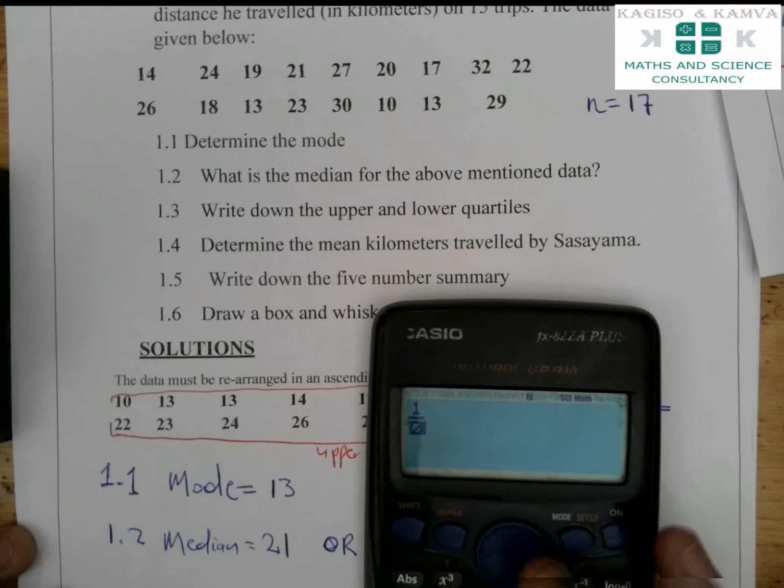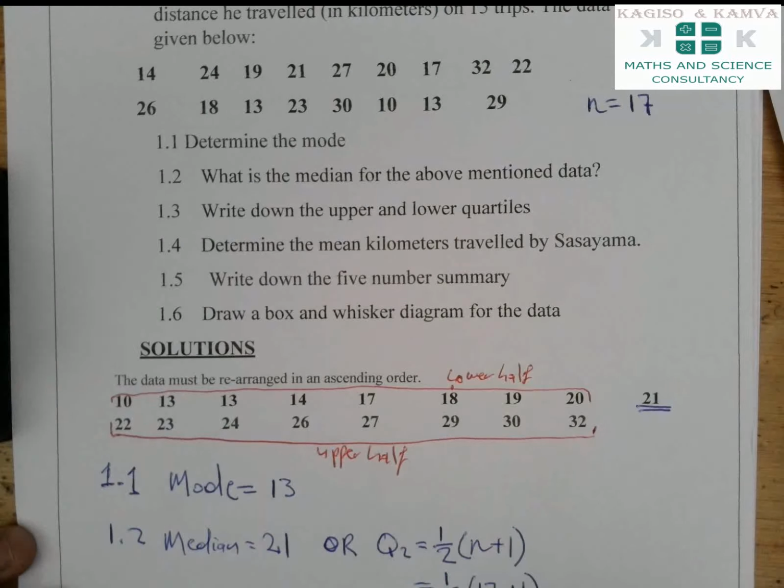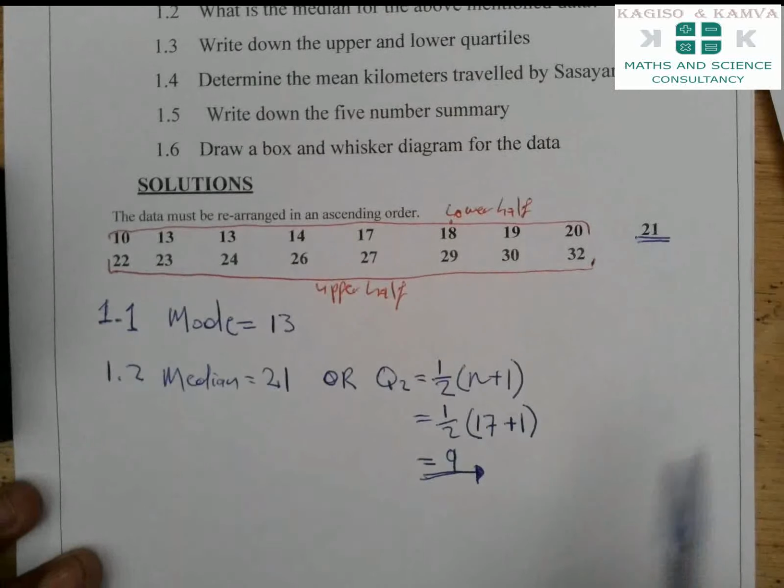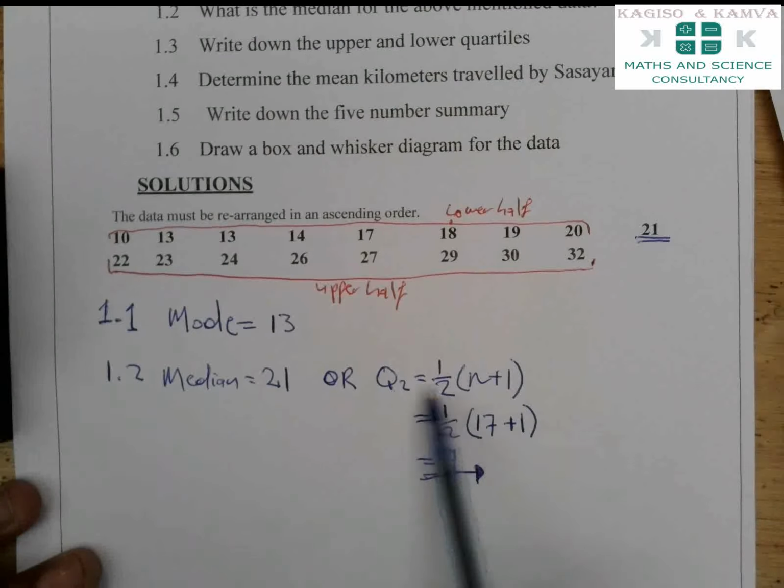This answer does not give us the median, but it gives us the position of the median. So our median is going to be position number 9. That will be 1, 2, 3, 4, 5, 6, 7, 8, 9.